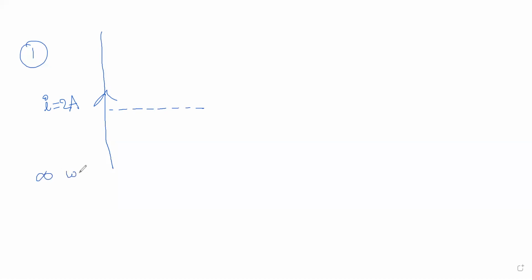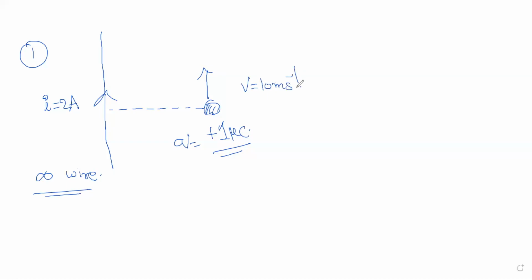Please understand, this is an infinite wire. For this infinite wire, there is a charge of +1 microcoulomb, and the charge is moving with a velocity of 10 meters per second.